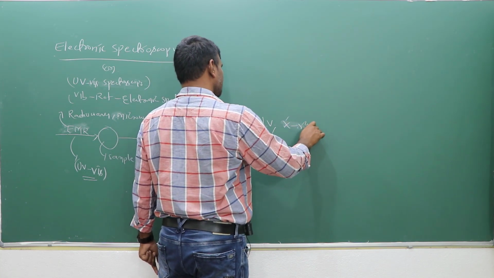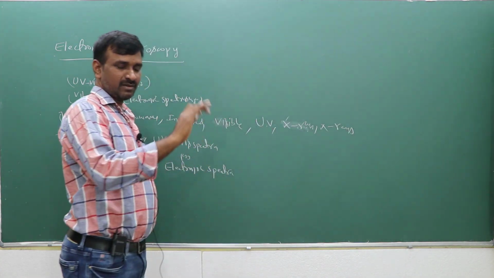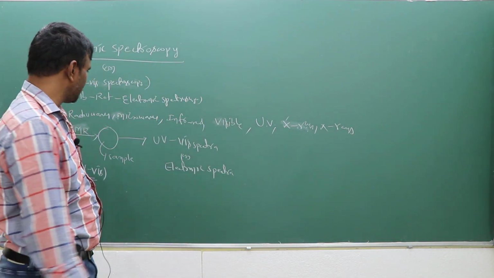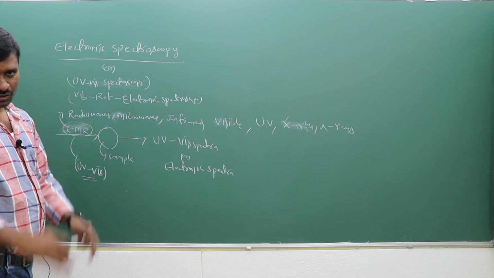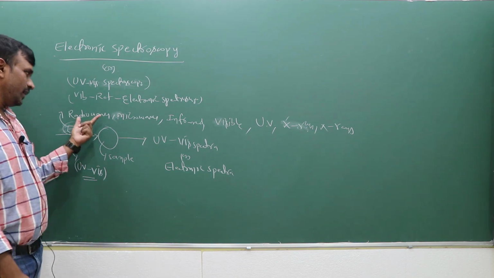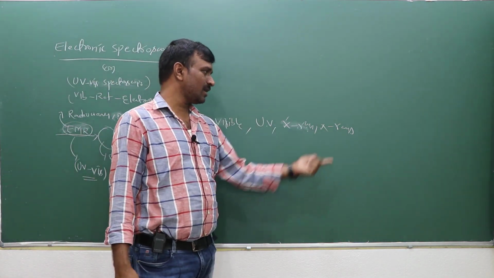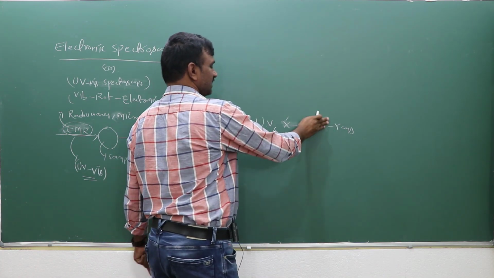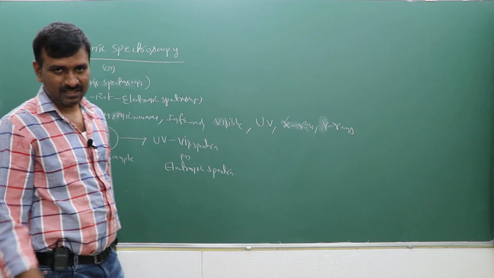So electromagnetic radiation is an energy source which contains radio waves, microwaves, IR, visible, UV, X-ray, gamma ray, even cosmic rays.